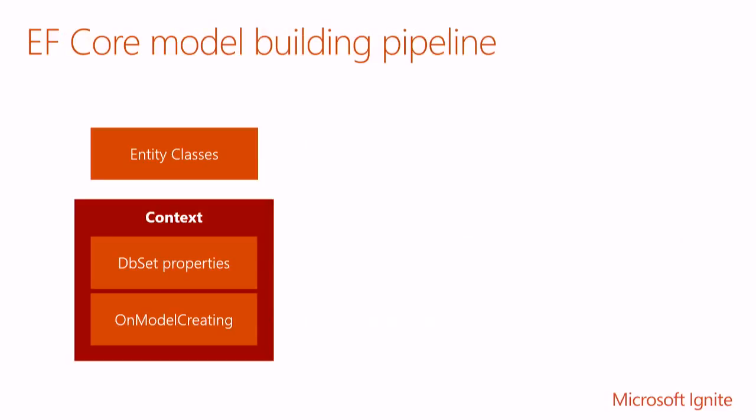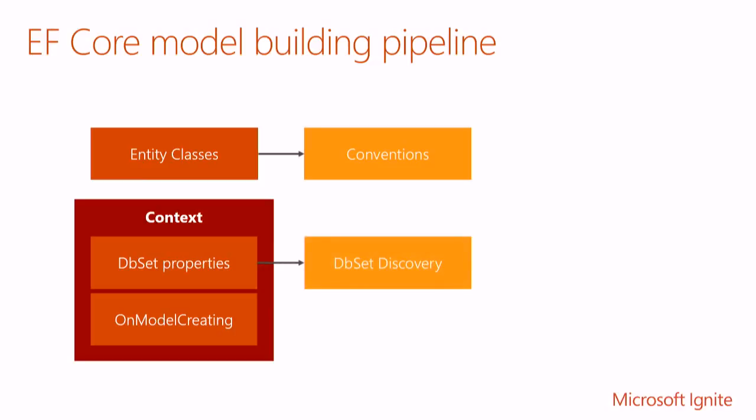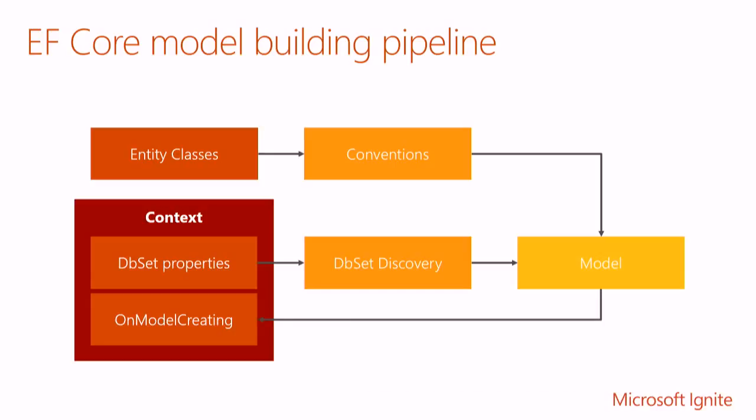So what we did in Core was we do the same things with conventions. Again, you write your DbSets, we discover them, and we actually create your model right then. So you have the top-level APIs to do the normal stuff that you do, but if you really want to do the low-level work or looping around your model, you can do that right then.